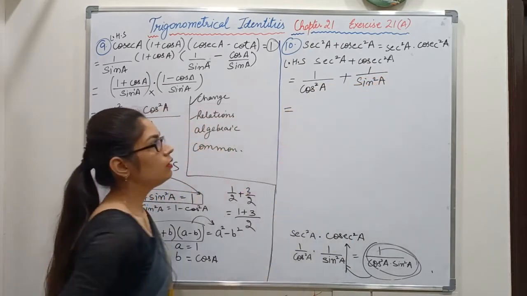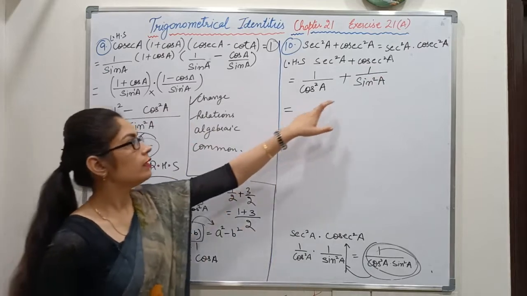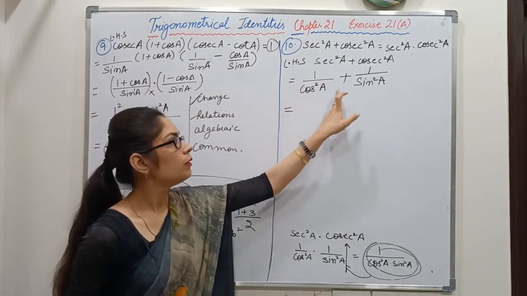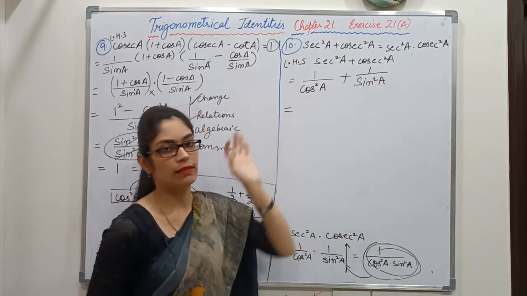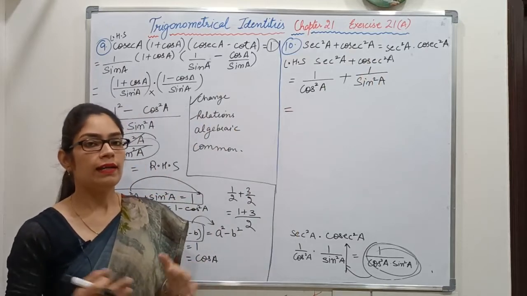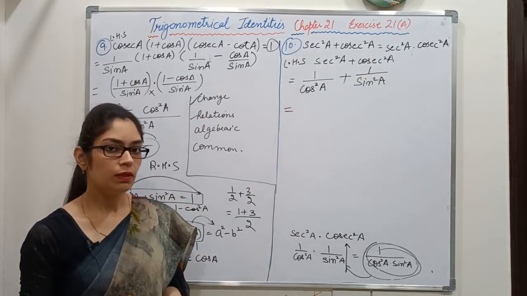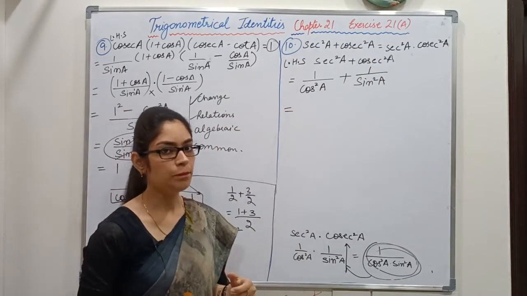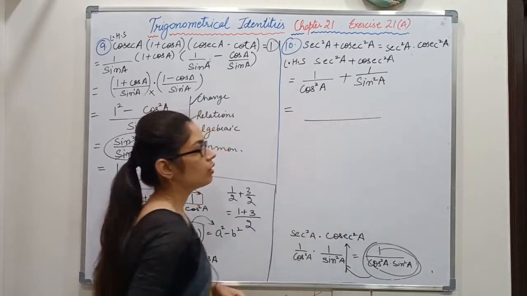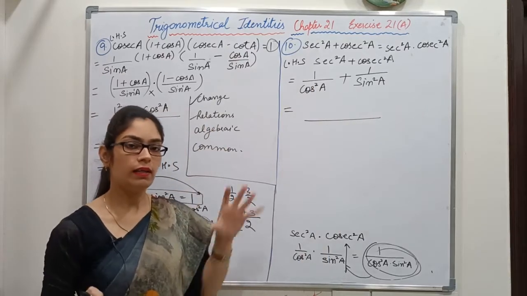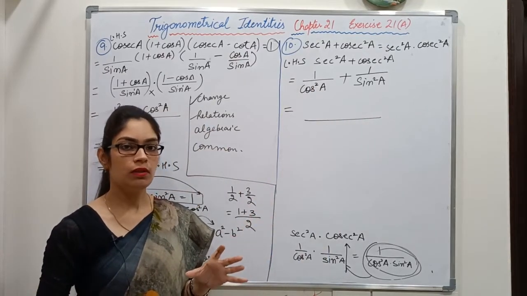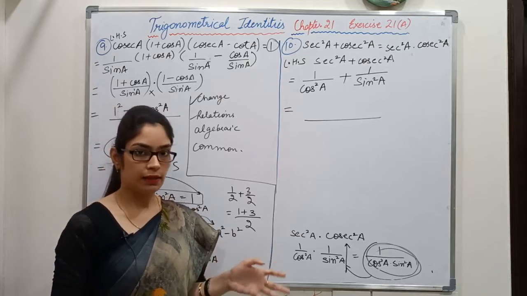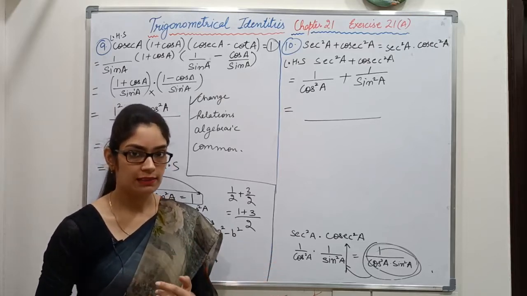Now see, this is one fraction, this is plus, again this is one fraction. So we are adding two fractions, and while adding two fractions, if the denominators are not the same, we take LCM. Whenever we are adding or subtracting any two fractions, you have to take LCM.